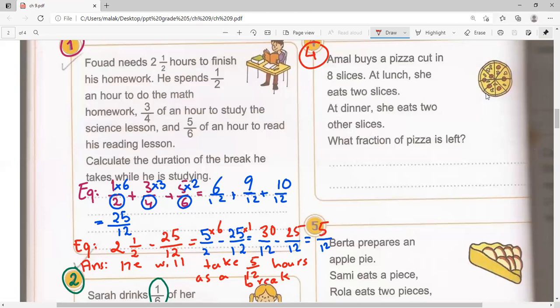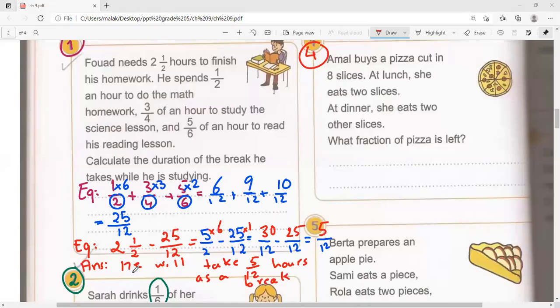Teacher. Yes, Jawad, what do you want? The first word of this answer is: he will take 5 over 12 hours.